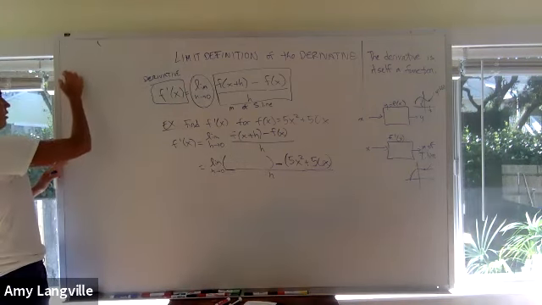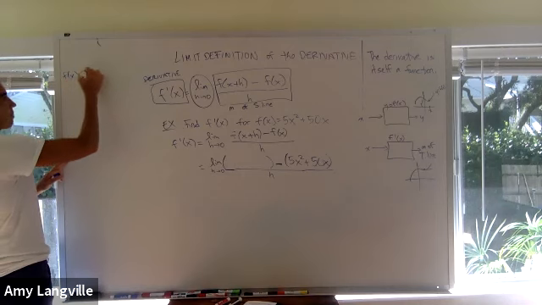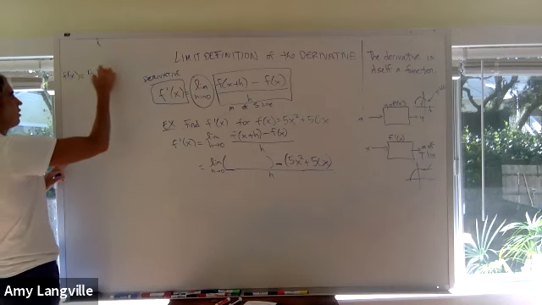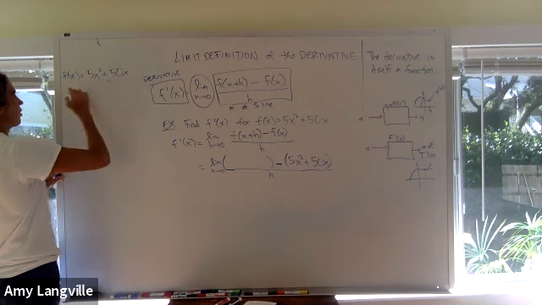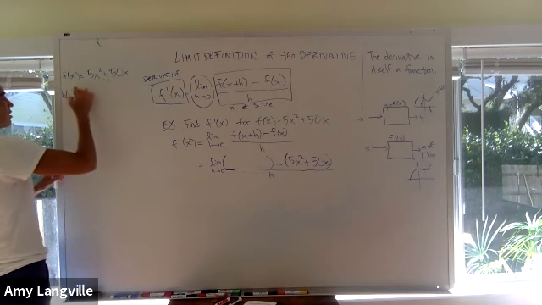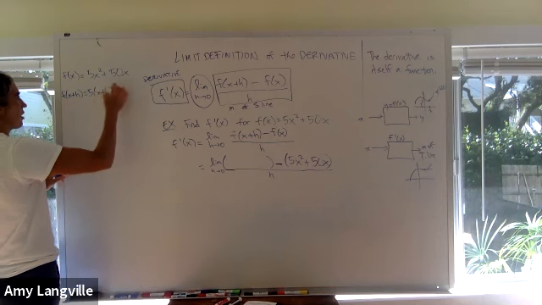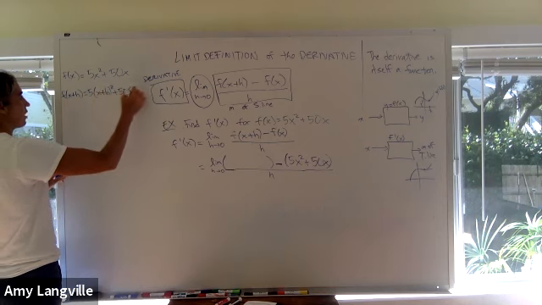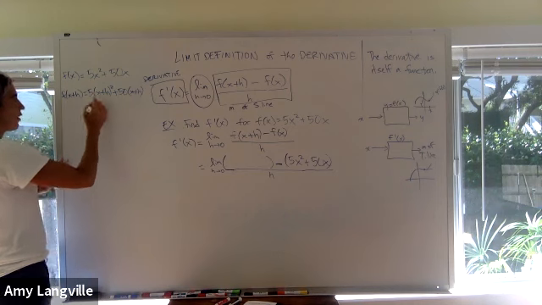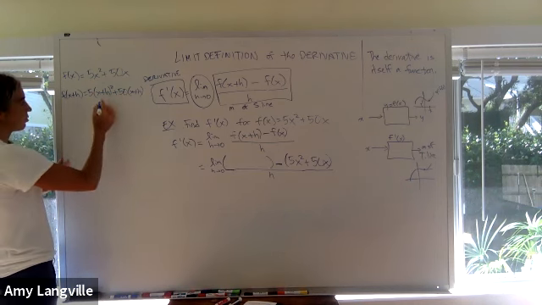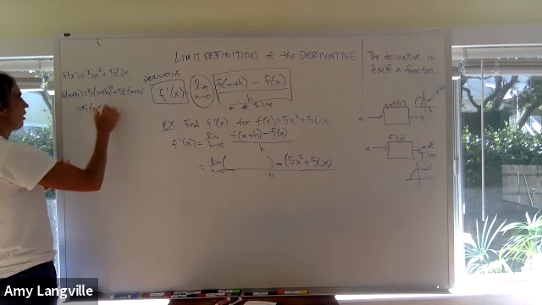We're going to figure out what, if f of x is 5x squared plus 50x, I want to know what f of x plus h is. Well, that's 5 times x plus h squared plus 50 times x plus h. So now I need to do some FOILing, x plus h times x plus h, and then multiply that by 5. So I'll write it all out.